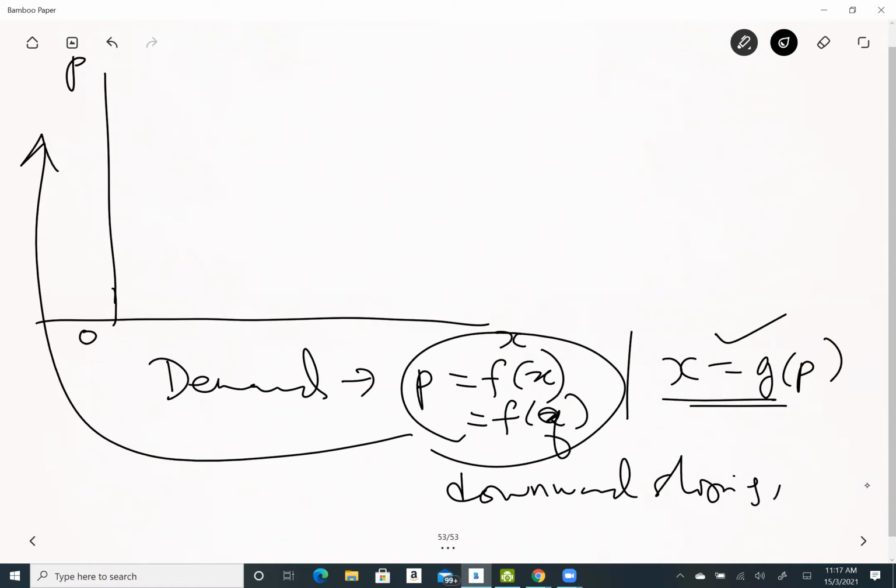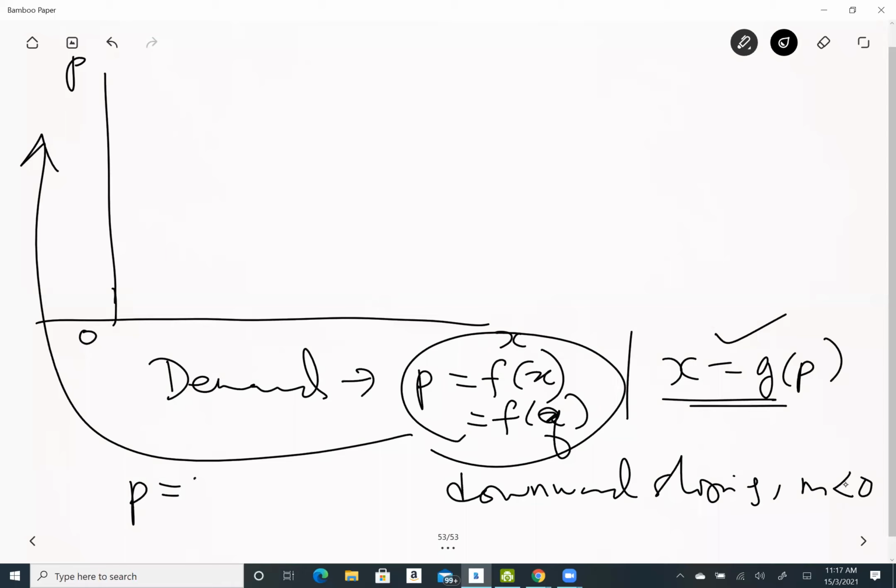In other words, M is less than 0. So for the demand function, you get P equal to negative MX. I put the negative sign right away so that we know it's a negative slope. Or we can use MX or MQ plus B, and then I say M is negative. It's up to me.